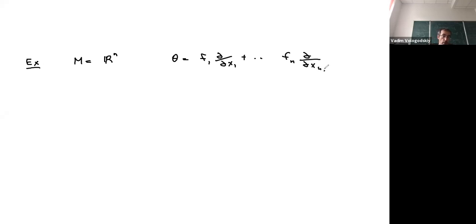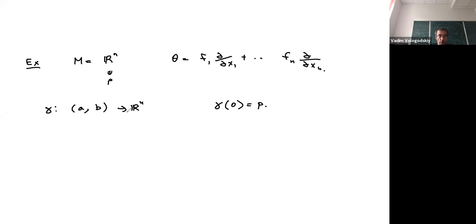And so what does it mean? So suppose I have a point P. What is an integral curve? So an integral curve is a map from some interval containing 0 to R^n. Well, you have the condition that gamma of 0 is P. Okay, so this is a vector-valued function.